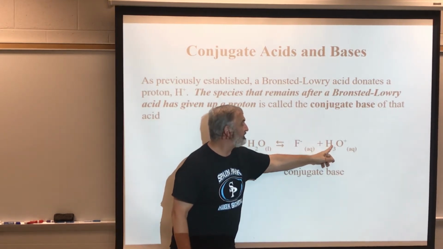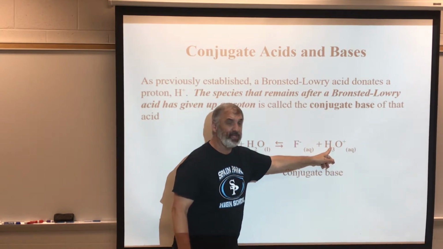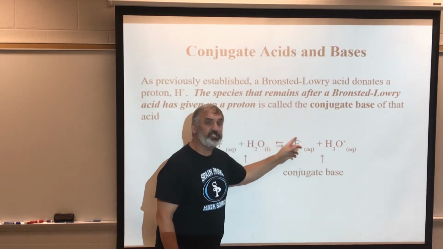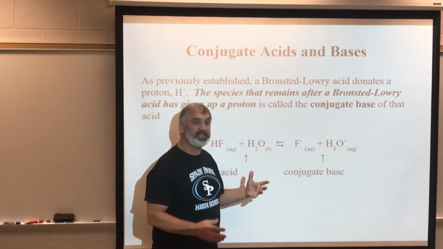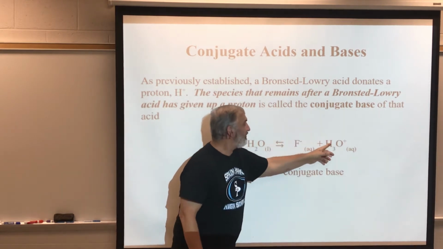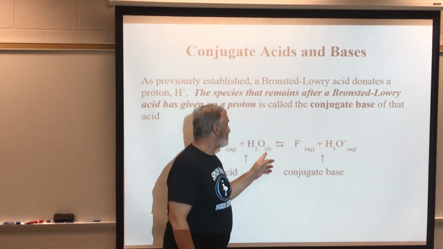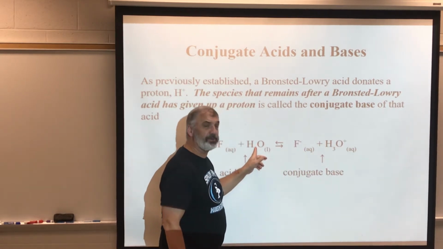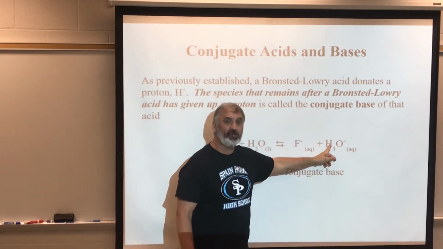And so now this is my conjugate acid. So this is a base, this is the conjugate acid. You can see these two are two forms of the same thing. It's kind of like the verbs, you just change it a little bit. The conjugate acid is the species that remains after a base accepts a proton, because now it has one that it can donate.